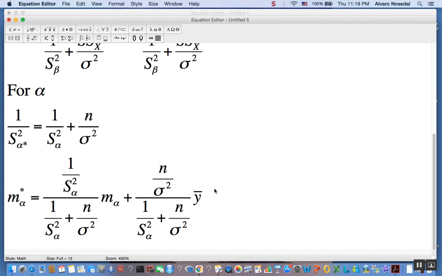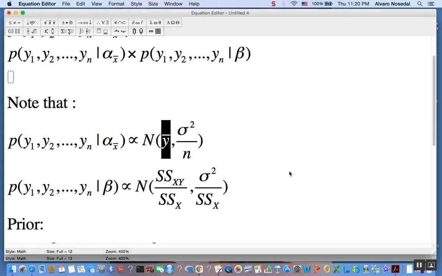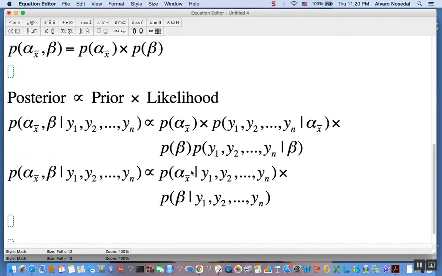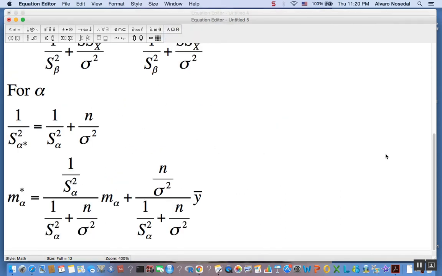So that's it, right? So the posterior for these guys, for alpha x bar and beta, is going to be just the product of two normals. And now we know that we could find the parameters for those normals, for those posteriors, just using the old updating rules.